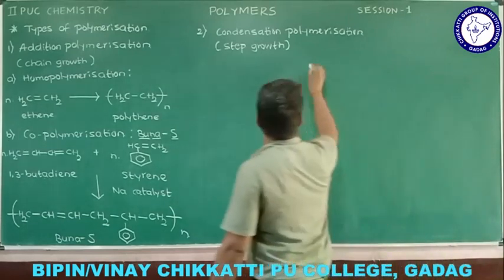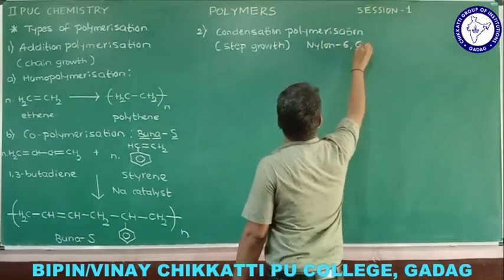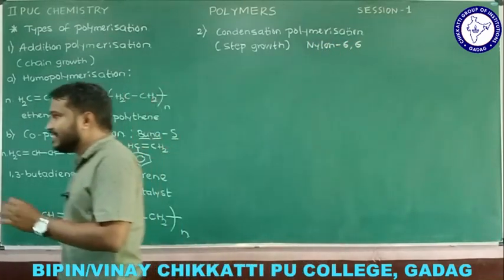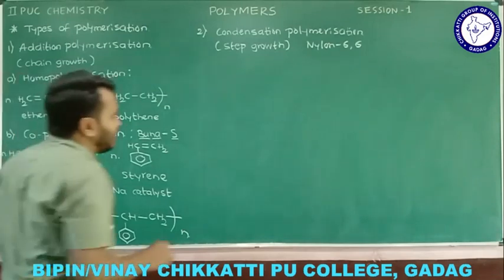Okay, and the example I have given you already, that will be nylon 6,6. Okay, you should write in the same manner, nylon-6,6. So now we'll see how we are going to write the structure of nylon 6,6, and later I am going to explain how to write the statement of the condensation reaction, that will be nylon 6,6 here. Okay, so let me explain that one.